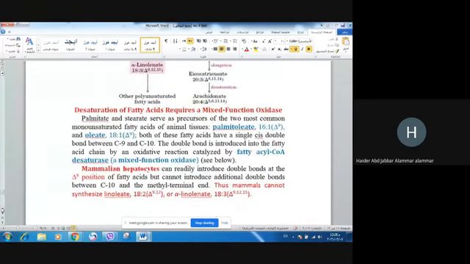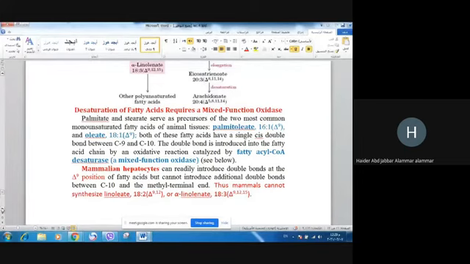Of course, the desaturation process in our body, you have to know these facts. Palmitate and stearate serve as precursor of the two most common monounsaturated. نقول desaturation كل الحكي مالتنا كان عليه عن saturated fatty acid. زين شلون نخلق unsaturated fatty acid؟ by desaturation system.